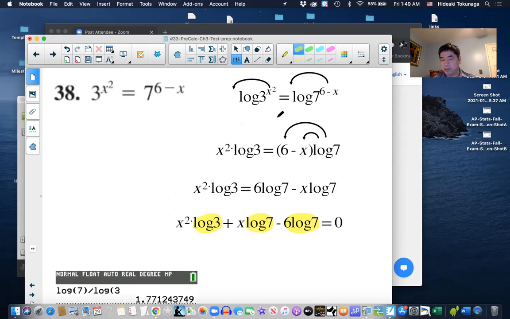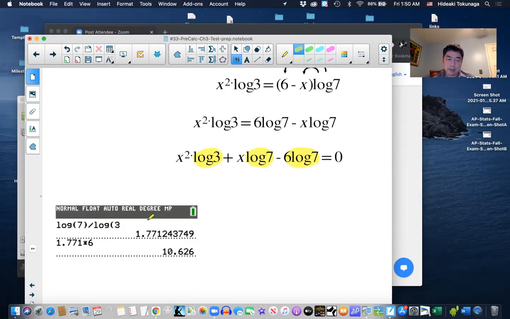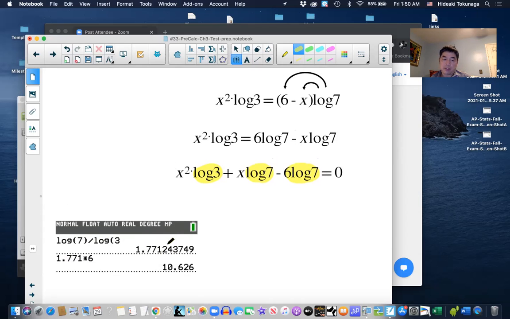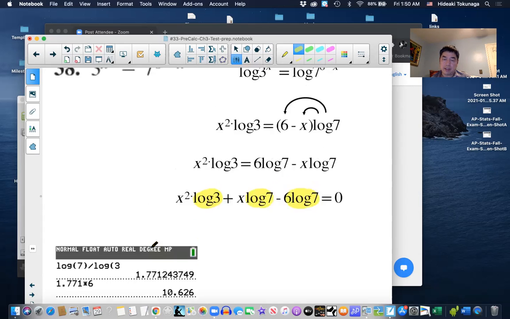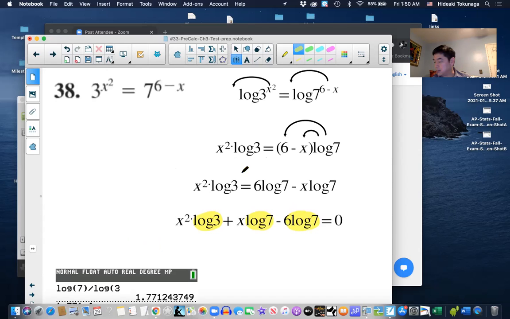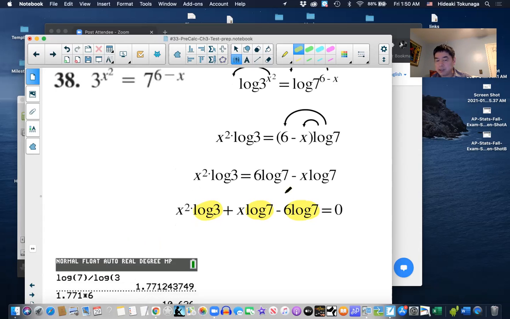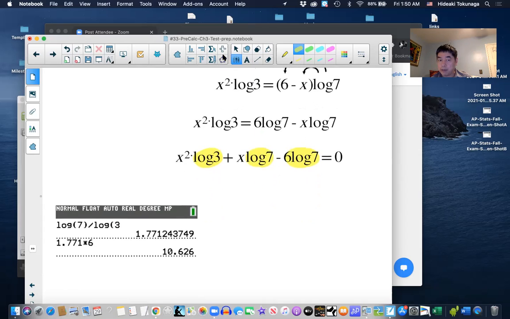I did more elementary algebra. I divide by log 3 on both sides and kept this one as it is. So this is the way I did, and you multiply 1 times 7 and times 6, and it comes out like this.